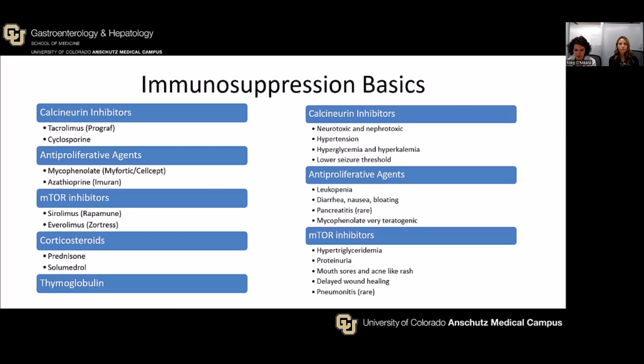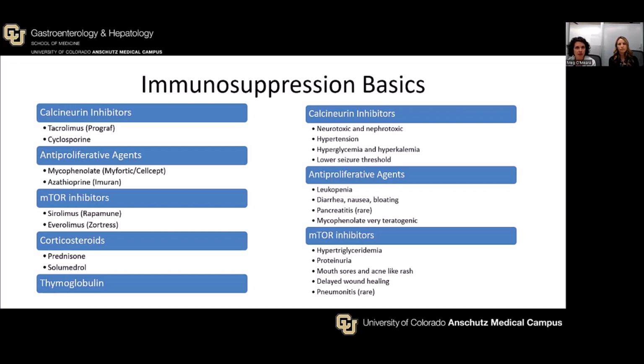Lastly, thymoglobulin. Thymoglobulin is an anti-thymocyte globulin that's derived from rabbits, and it is given as an IV medication. It is a very strong immunosuppressive drug and is important to know about because if your patient has received this recently, their risk of infection is significantly elevated.